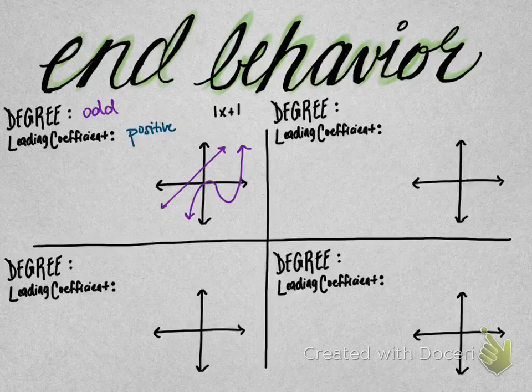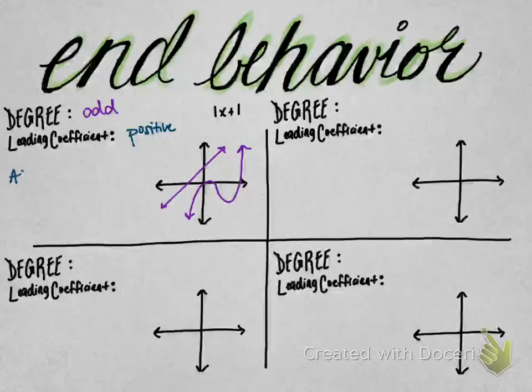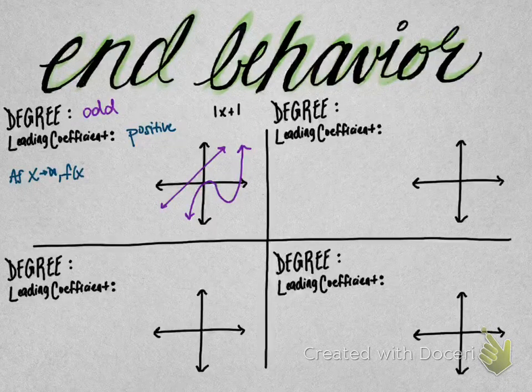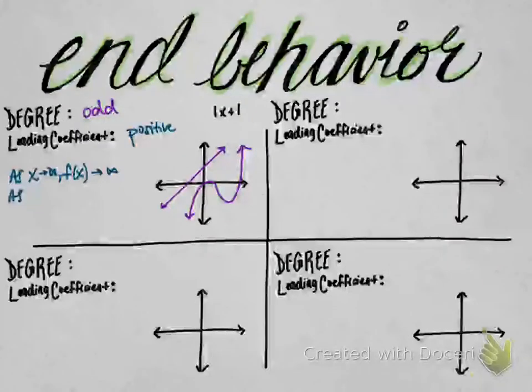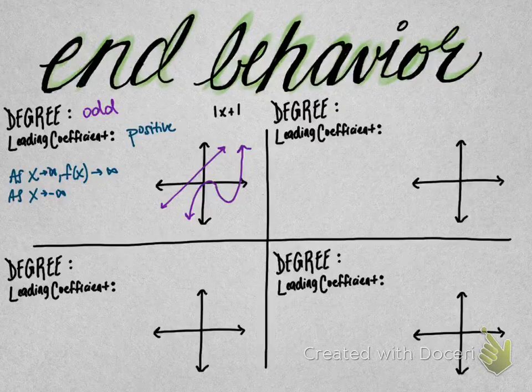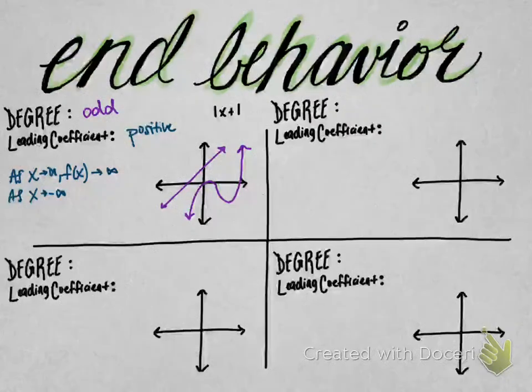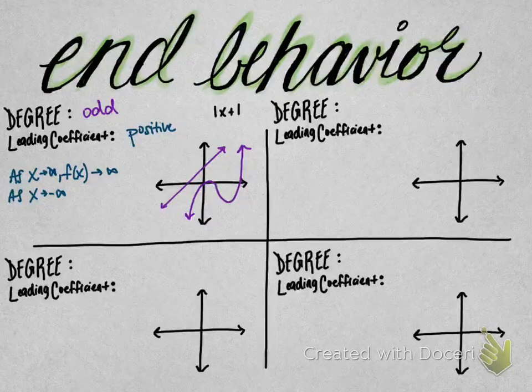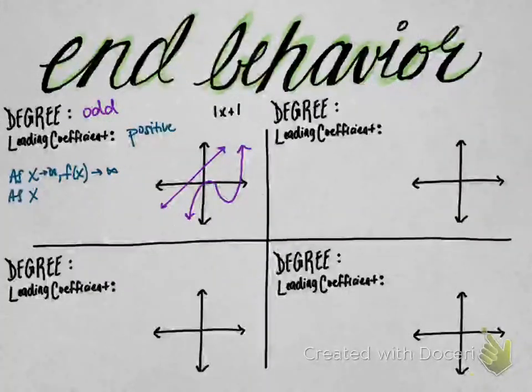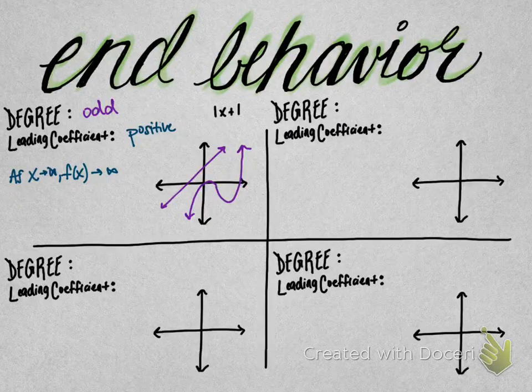That particular statement is, as x is approaching infinity, and that's when it's going on the right hand side, f of x is going to be approaching infinity as well. So let's go back just a little bit so that I can talk about that first statement really fast.